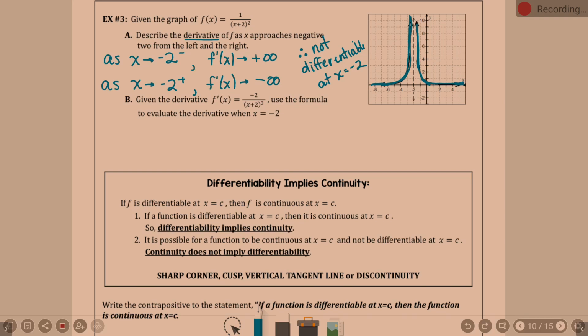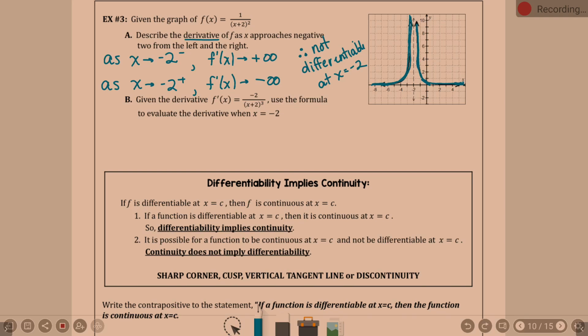Part B, given the derivative. So they gave me the function, and they gave me a function graph. Now, given the derivative, use the formula to evaluate the derivative when x equals -2. So, well, first of all, if I put -2 in there directly, -2 plus 2 is 0.